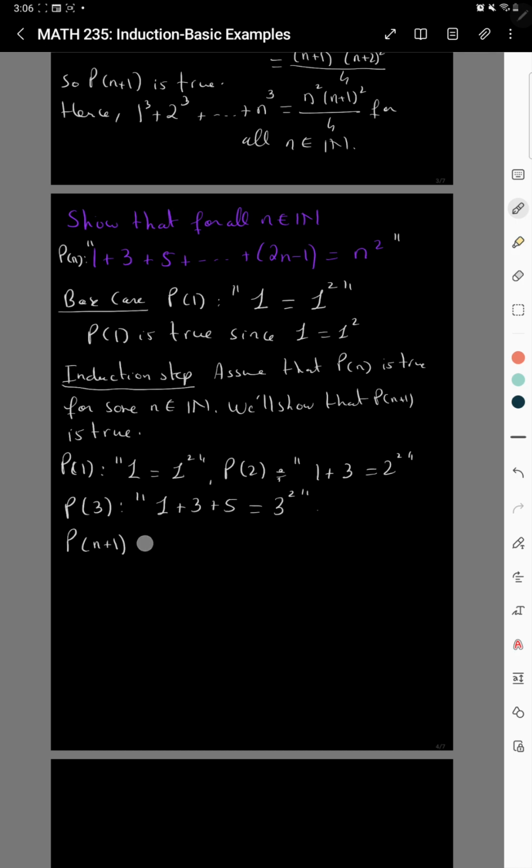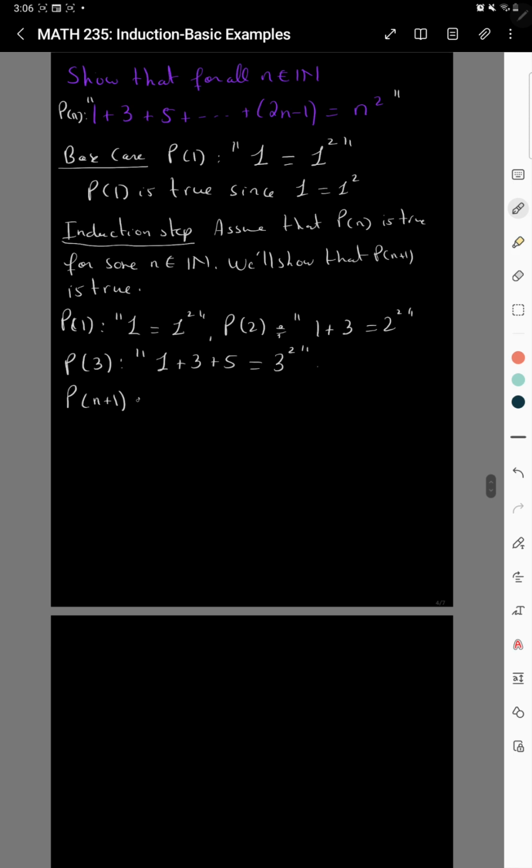Let's pay attention here. This is 1 plus 3 plus 5. Now remember, wherever I have an n, I need to replace it by an n plus 1. So what I'm really doing here, I'm replacing the n by n plus 1.